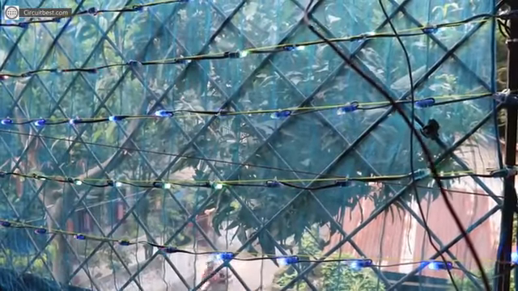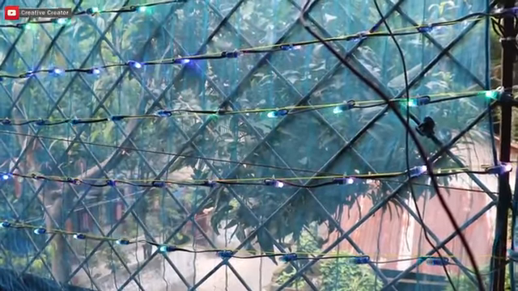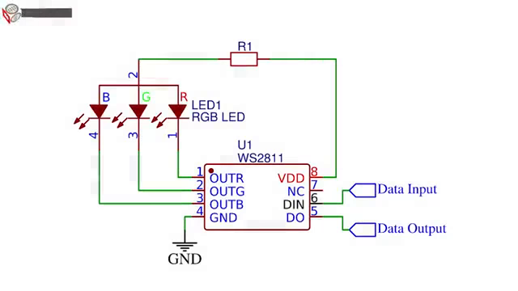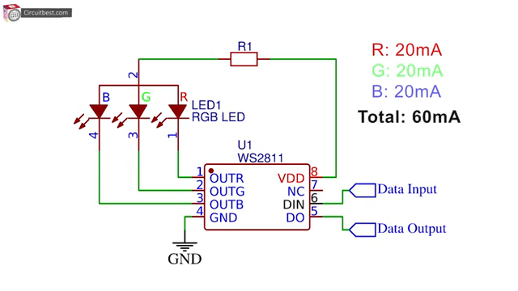Let's talk about the current consumption of the LED strips. Every LED has a red, green and blue LED diode inside it. Each diode can take a maximum of up to 20 milliamperes of current. So 3 diodes take about 60 milliamperes of current.